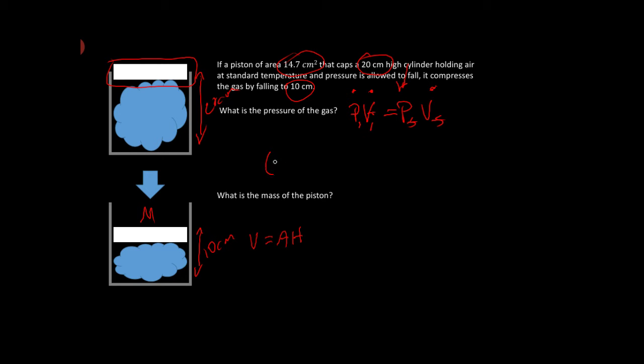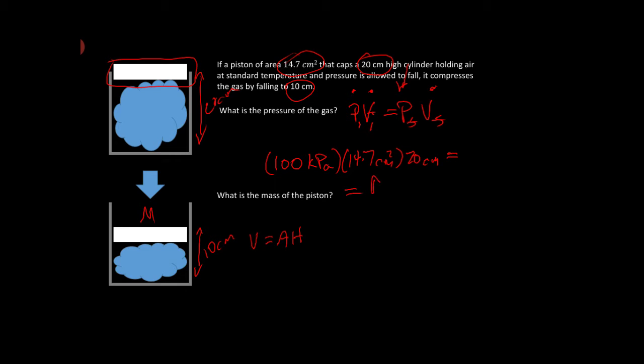So the pressure is just standard pressure, which is 100 kilopascals. I really screwed up the accent on that, but that's okay. And 14.7 centimeters squared times the initial height of 20 centimeters is the volume.